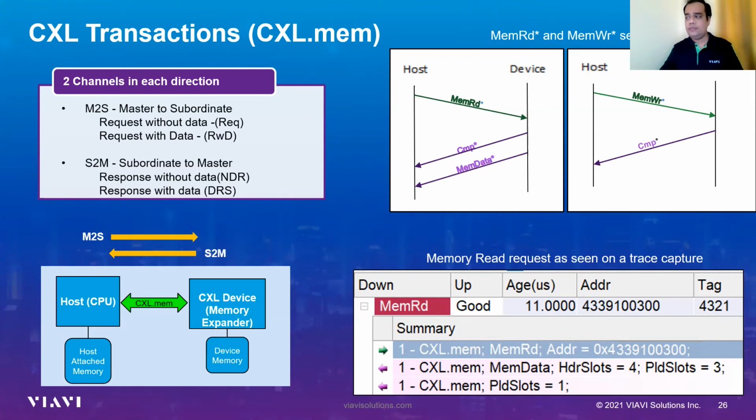So you can see up here, there is a host and a device, which can send a memory read or memory write out to the device, and the device gets back with the requested data. We see the same on the slide here: the memory read and the memory data coming back in the flits from the device to the host. So that's the memory protocol again.